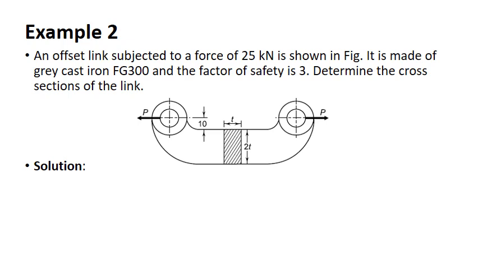Since P is offset from the axis of the central portion of the link, we have an eccentric loading. Obviously, we can replace the eccentric loading by an axial force and a couple moment. That is, you will have a direct tensile stress plus bending stress. So superpose them and use that superposition equation by employing the factor of safety to evaluate the sections of the link.